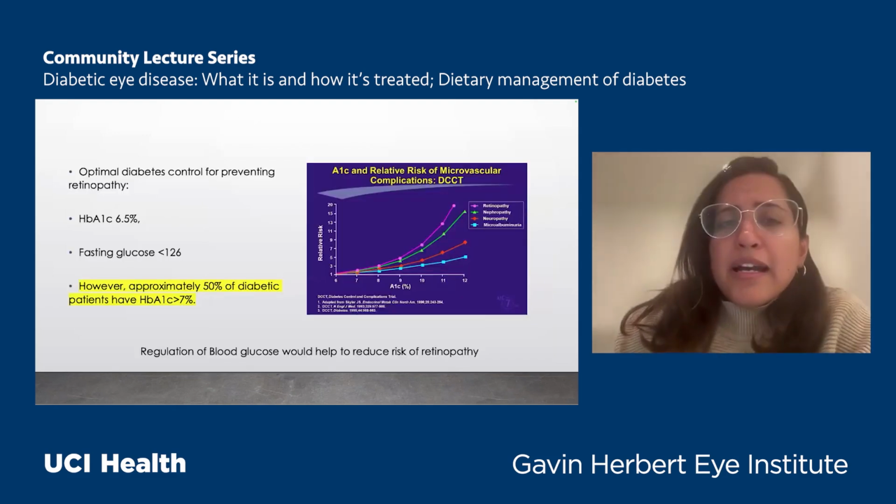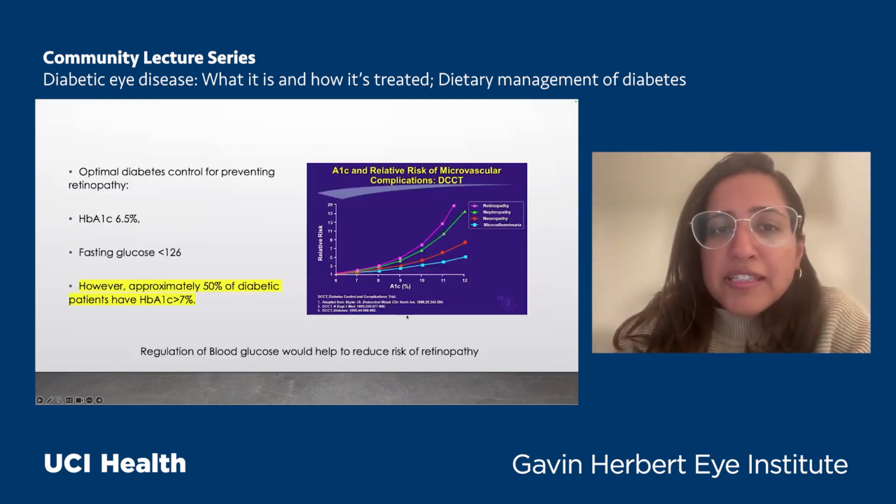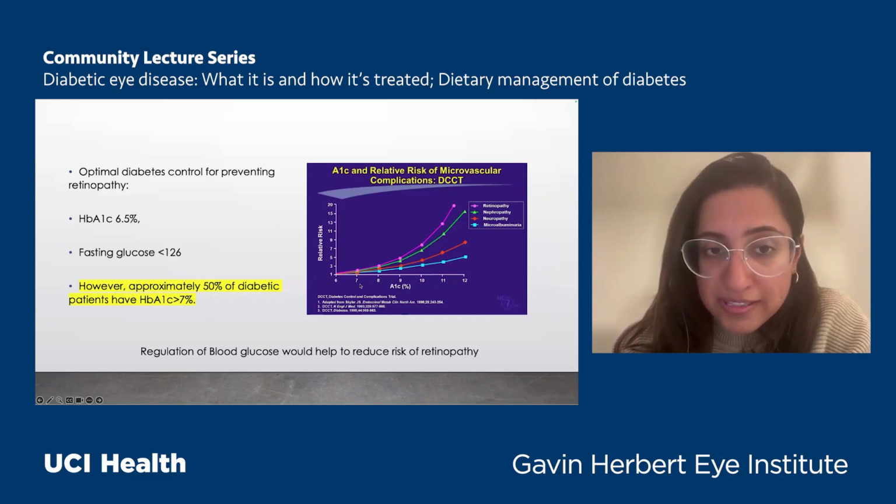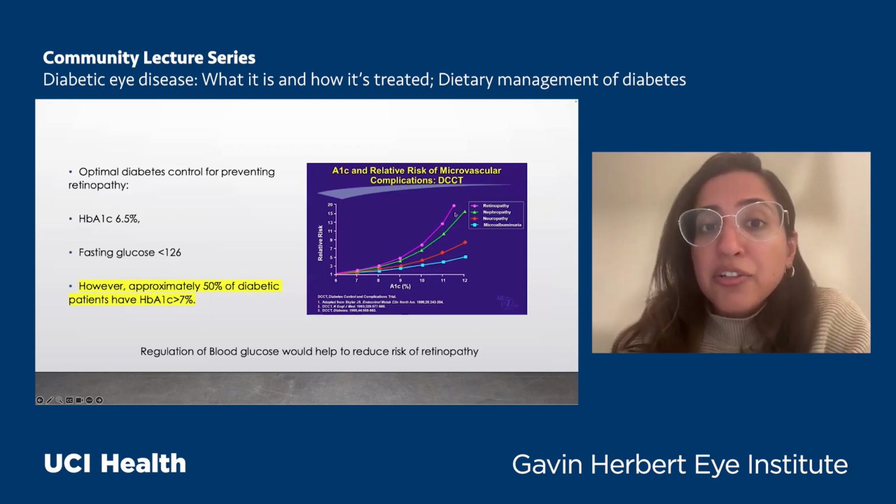Now, if you look at this graph here, you can see the pink line is the risk of retinopathy. And on this axis, you have the A1C. You can see that as the A1C increases, the risk of retinopathy increases.